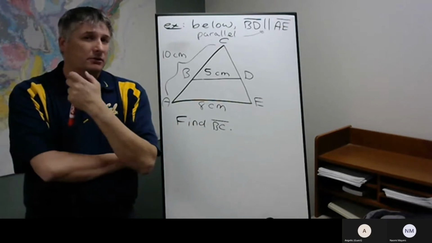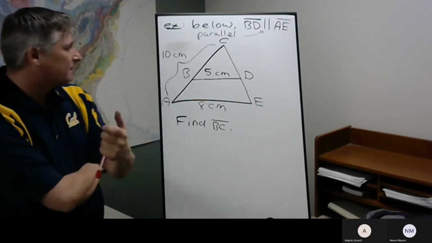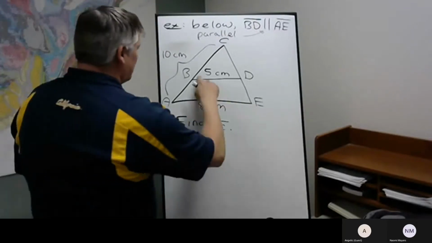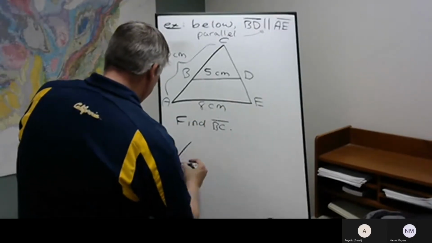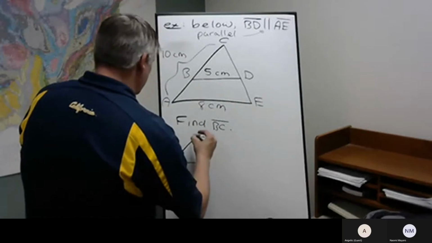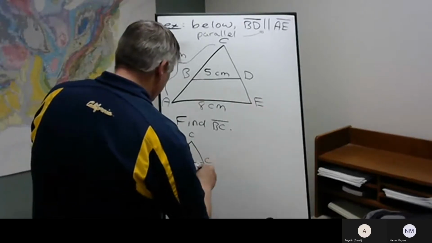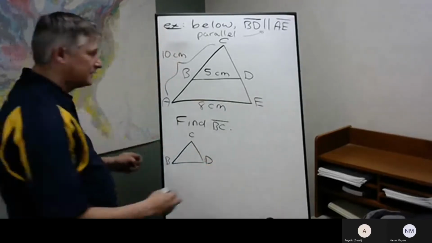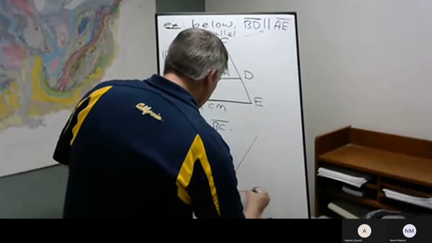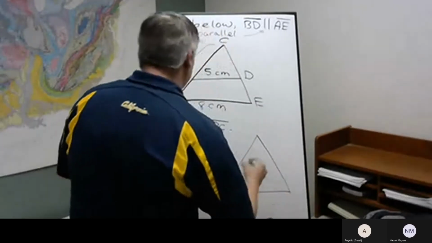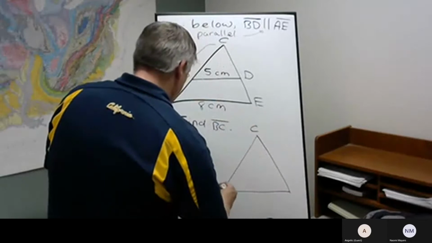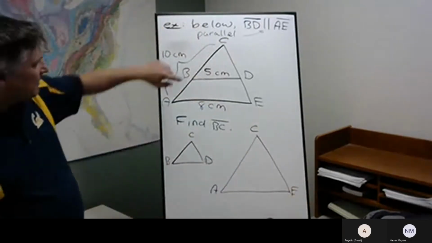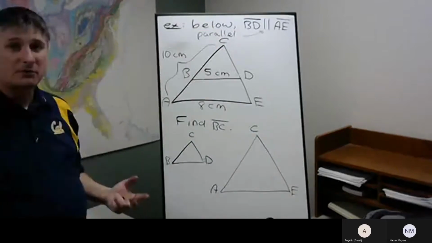Well, we're going to look for a pair of similar triangles. It's going to go like this. Triangle CBD, and then the second one. So we have this little one here, that's going to be our first.